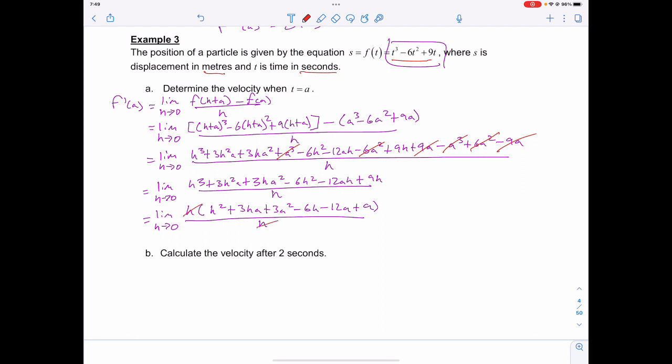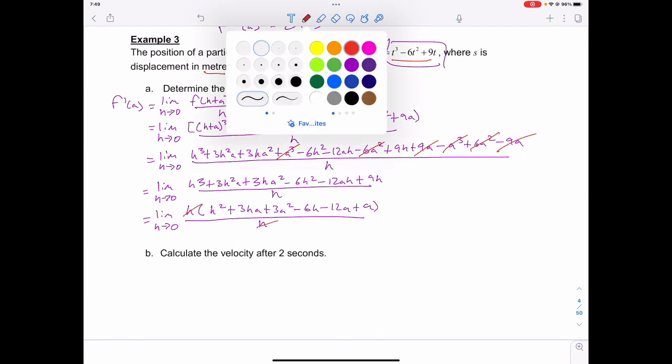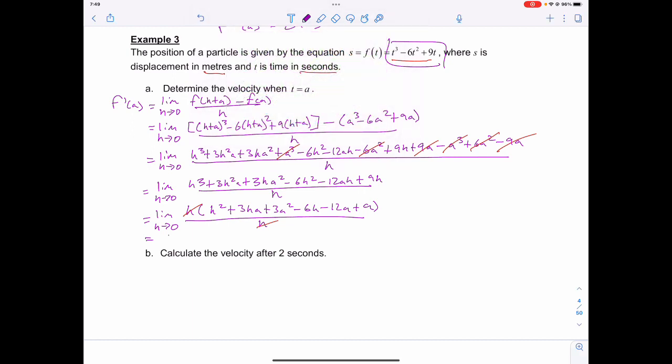And when I cancel this out, all I'm left with is 0 squared plus 3 times 0 times a plus 3a squared minus 6 times 0 minus 12 times a plus 9.